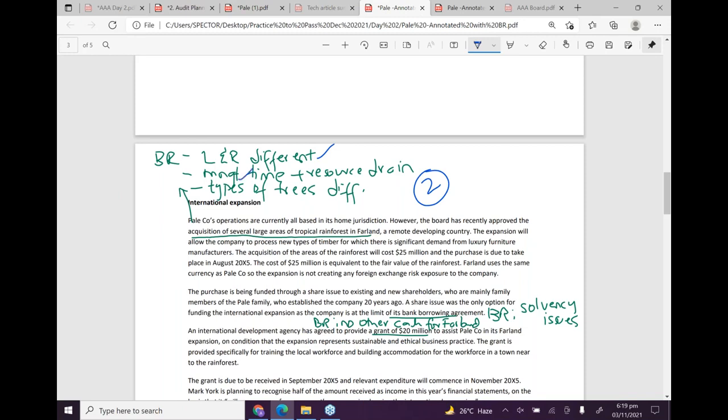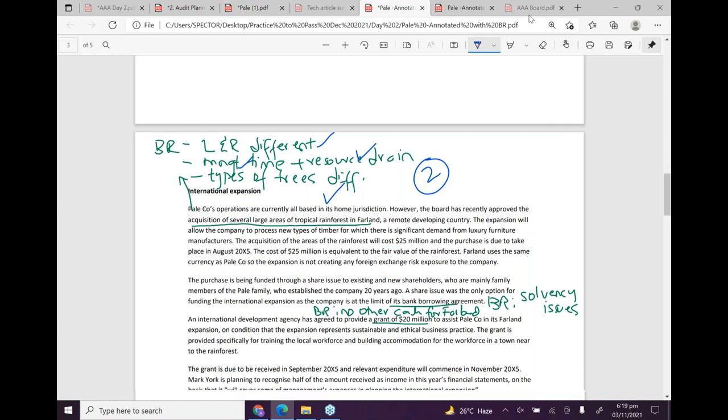It's going to take up a lot of management time. This could be a resource drain if it's not managed properly, and the types of trees are different. So because of my lack of understanding, I could potentially be investing into a venture which is not very profitable. So with regards to farmland, you need to think about what can go wrong.